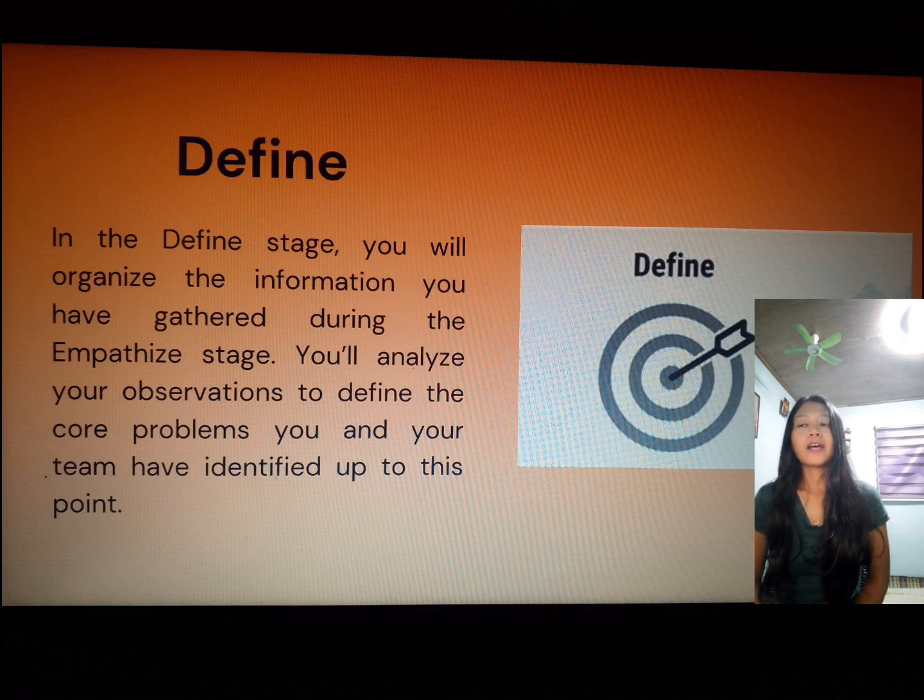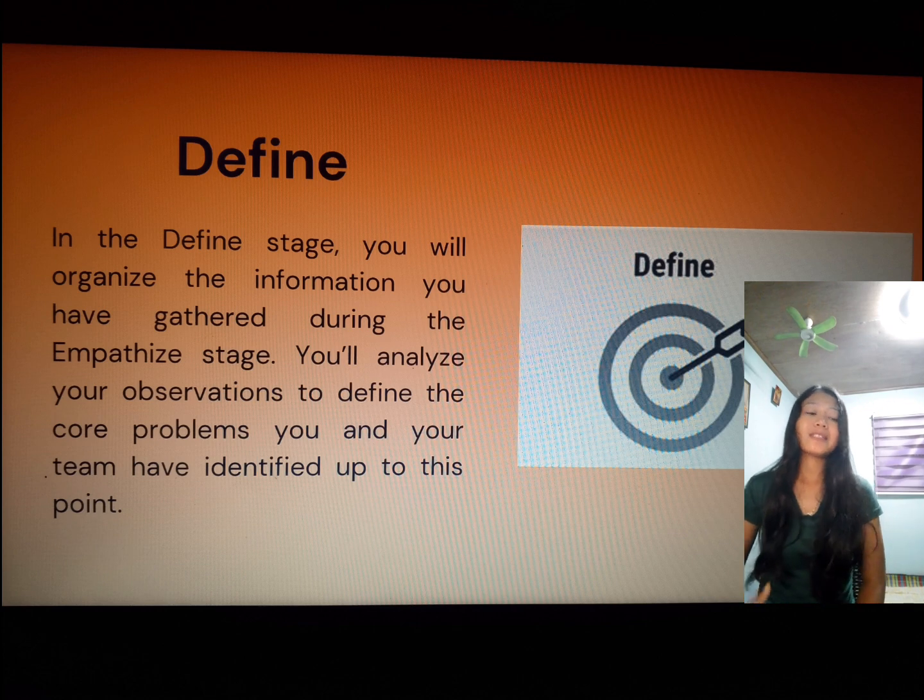And so now for the second one, which is define. In the define stage, you will organize the information you have gathered during the empathize stage, and you'll analyze your observations to define the core problems you and your team have identified up to this point. So it means the information that you have gathered from your interviews, from your identified customers, you have to define the core problem in it.